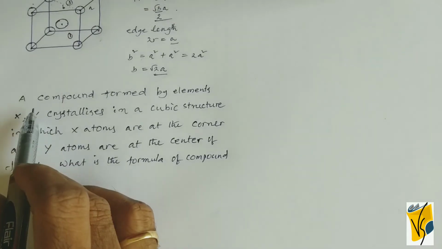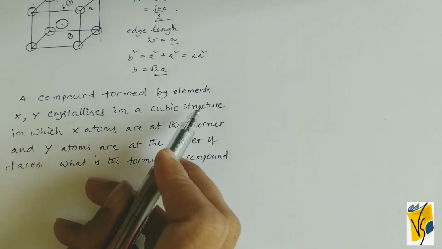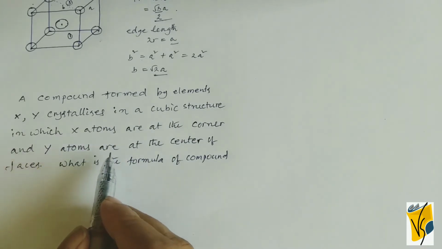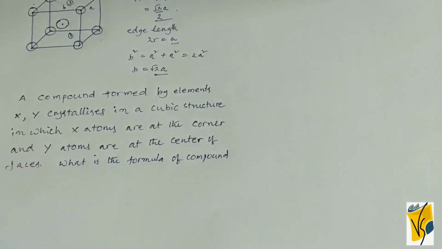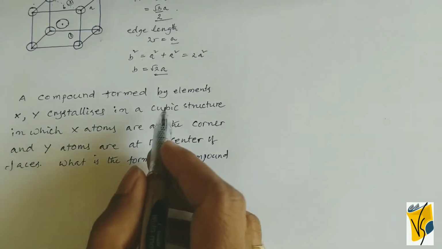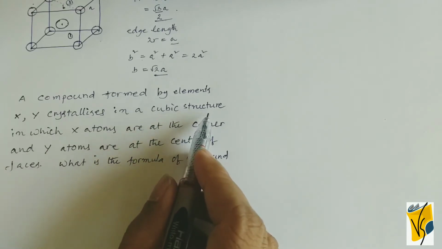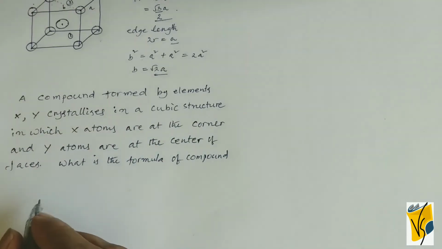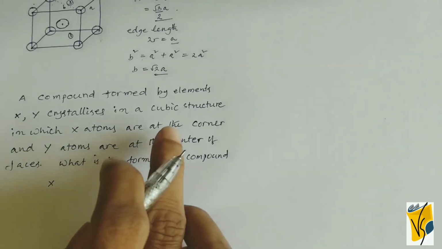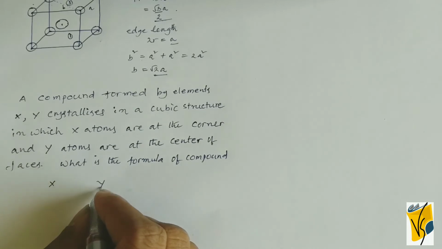Next problem, a compound formed by elements xy crystallizes in a cubic structure in which x atoms are at the corners and y atoms are at the center of the faces. What is the formula of the compound? So x and y are crystallizing in a cubic structure, that is nothing but a face-centered cubic, in which x atoms are present at the corners and y atoms are present at the center of the faces, right?